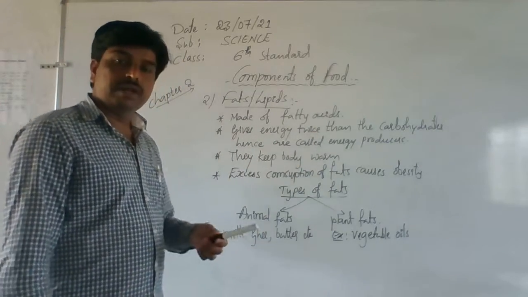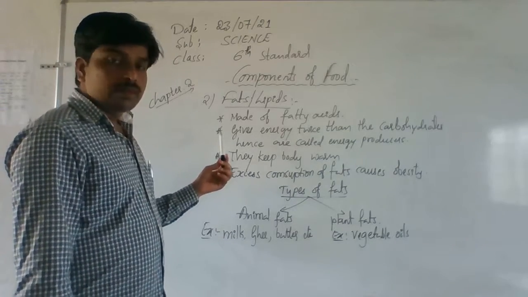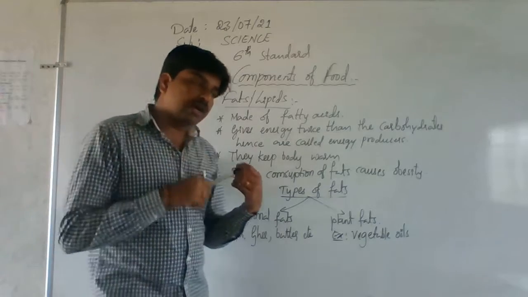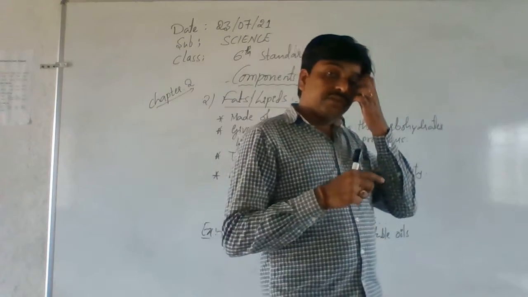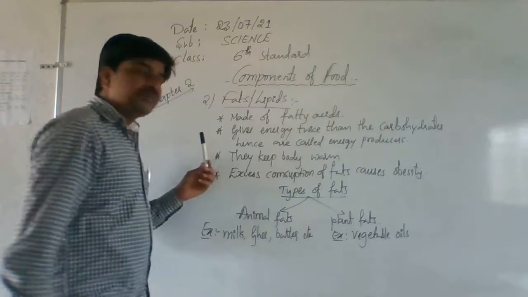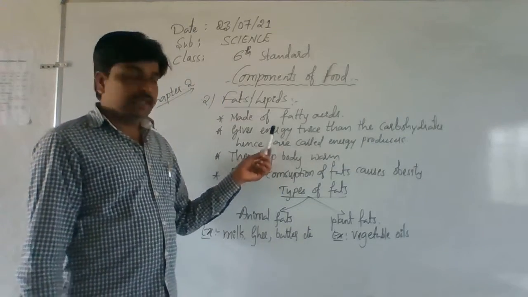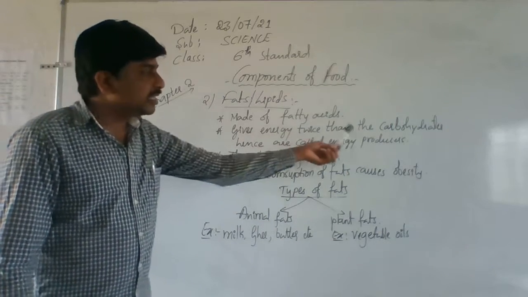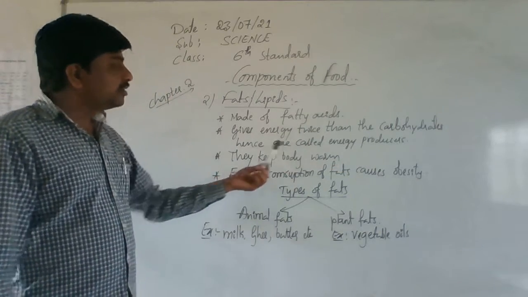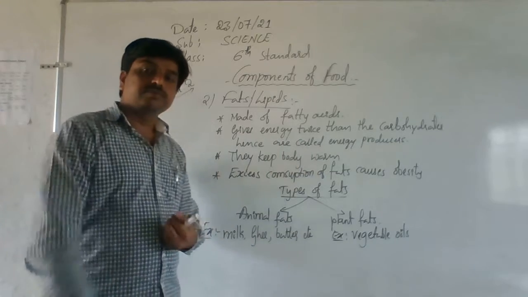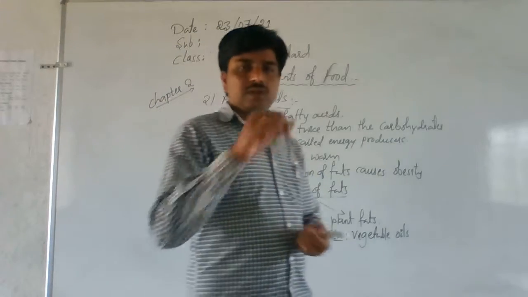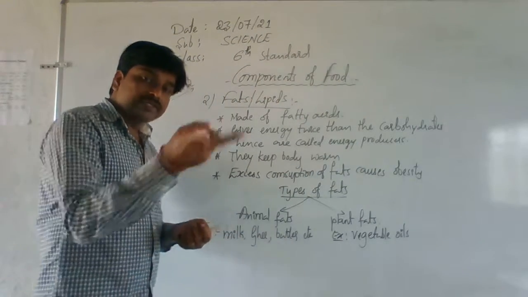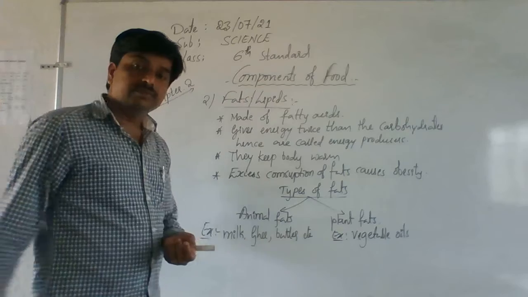Carbohydrates give energy, hence they are also called energy producers. Similarly, fats give energy twice that of carbohydrates. Hence they are also called energy producers.